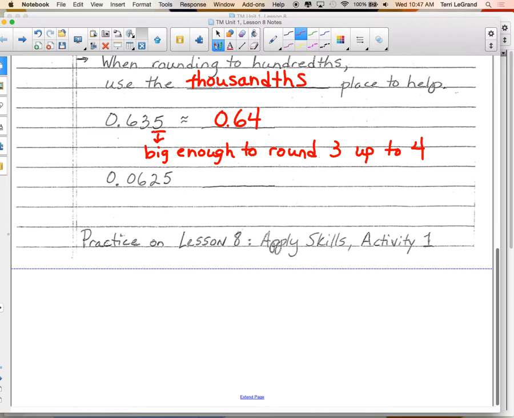Okay, would you try the next one on your own? If you don't get it right, be ready to erase, okay? Because we don't ever want to leave our notes incorrect. So go ahead, try that next one on your own. Anybody want to volunteer to read the number for us?